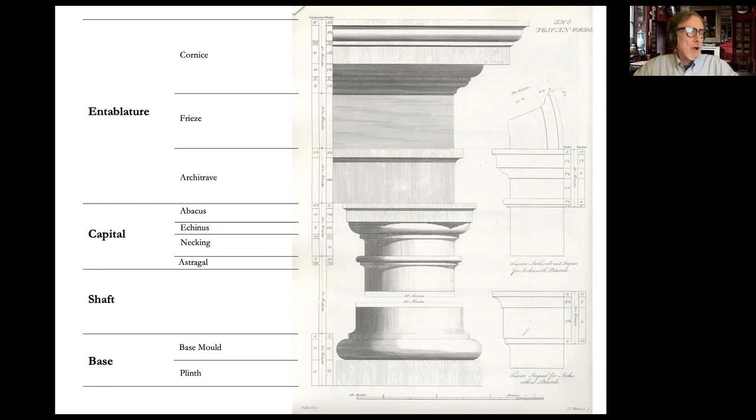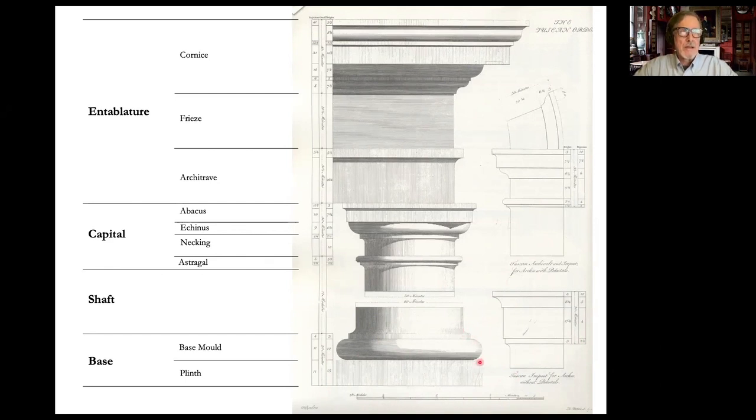From the base of the column upward, we have, of course, the column base you see at the bottom, which consists of a plinth, which is at the bottom here. And that's usually square, almost always square in plan, and provides the kind of base molding for the order itself. And then above that is a base mold, which is round in plan, and some kind of base moldings here.